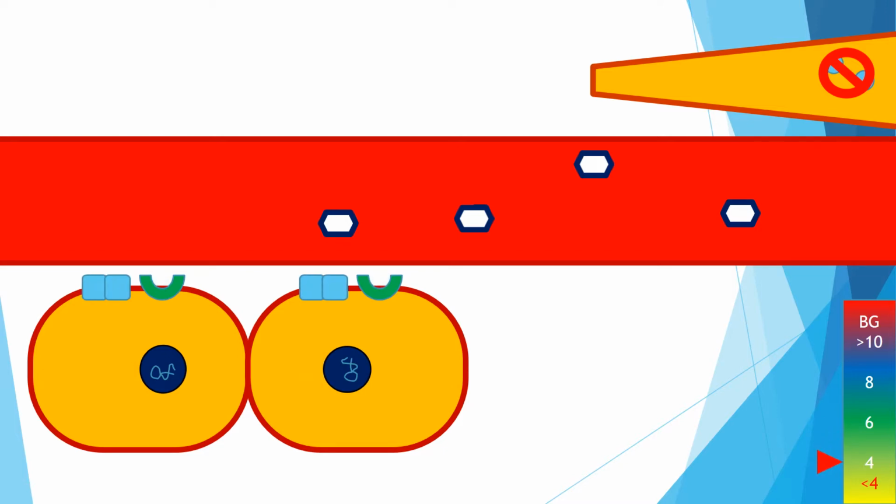That will help to reduce the blood glucose level and prevent the starvation of our body cells.